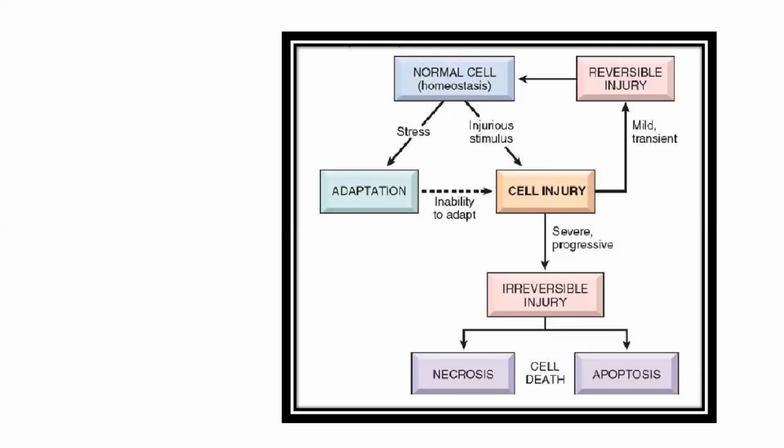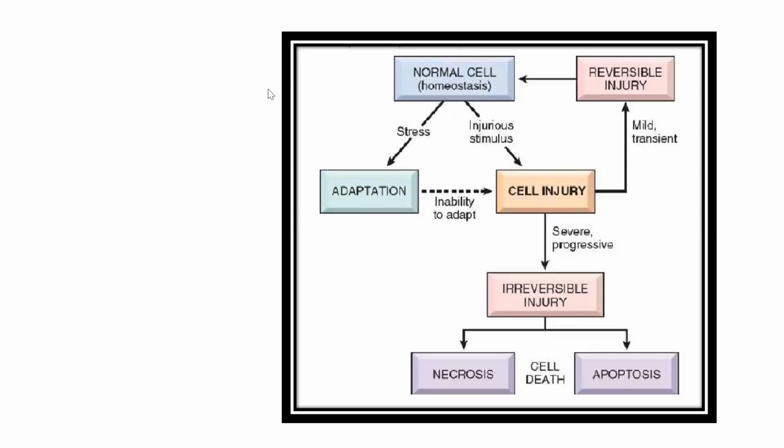Okay, cell injury. There are two types of cell injury. One is the mild transient, and second is the severe progressive.